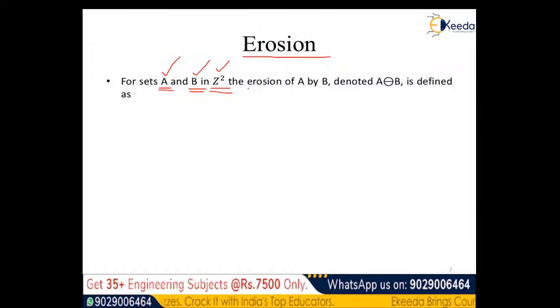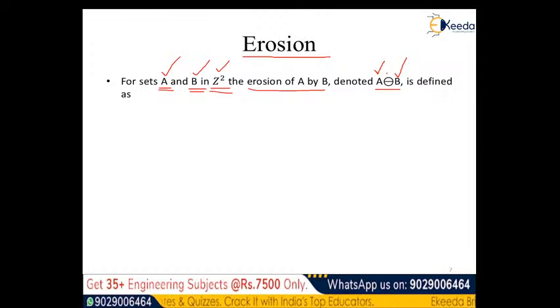In a general way we can say erosion of A by the structuring element, or kernel, or the mask, or the convolutional template, these being the names for capital B, and this is the symbolic representation of the erosion operation. We have the image capital A to be operated for erosion with the use of structuring element capital B, and in between the two we have a circle which has a minus sign inside.